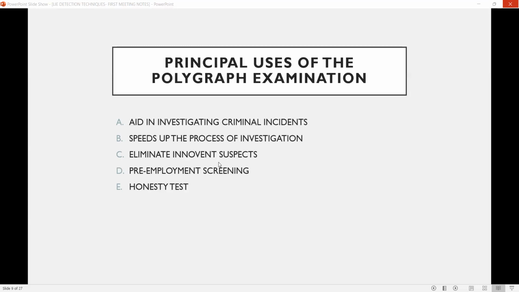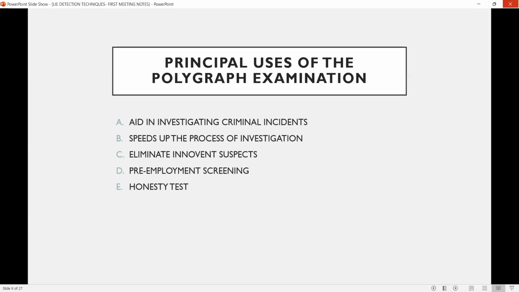Again, principal uses. Where is the polygraph examination used? It is an aid in investigating criminal incidents and issues. Of course, it can help speed up the process of investigation of the case in question and to eliminate innocent suspects, again, and pre-employment screening.